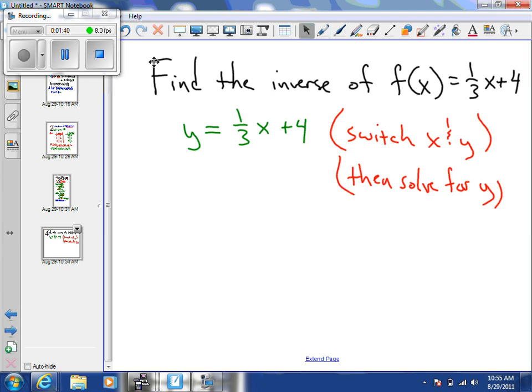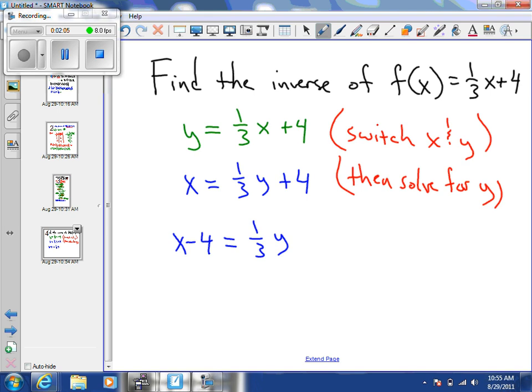So literally, where y appears, I'm going to call it x, and where it said x, I'm going to replace that with y. If I solve this for y correctly, then I should have the inverse of that function. So I'm going to have x minus 4, subtracting the 4 over to the left side.